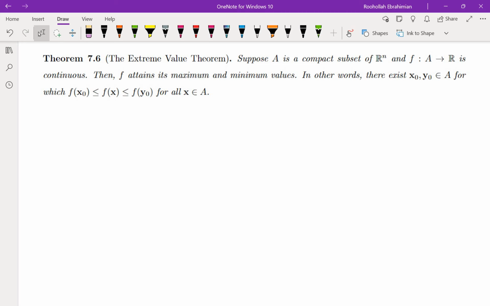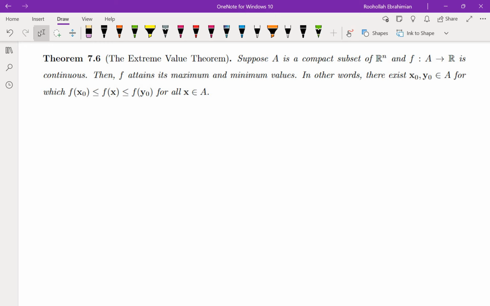So now one of the main applications, and really the main reason we talk about these compact sets, is the extreme value theorem. Suppose A is a compact subset of R^n and f from A to R is continuous. Then f attains its maximum and minimum values.